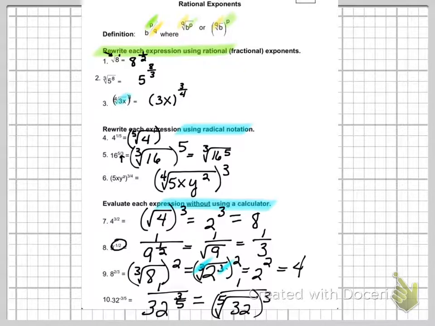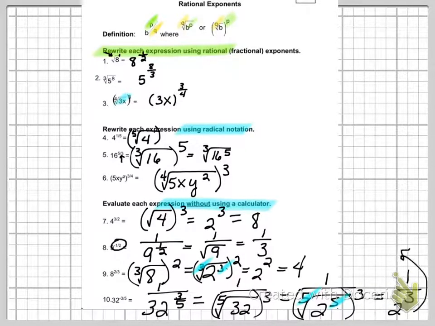Now, if you remember that 2 to the 5th is 32, that's 1 over the 5th root of 2 to the 5th cubed. This index and power match, so the answer to that then is 1 over 2 cubed, which is 8. 1/8, excuse me. 1/8. Okay?